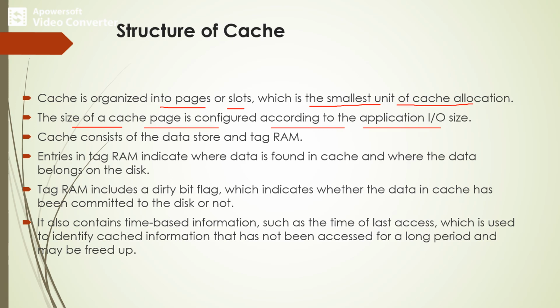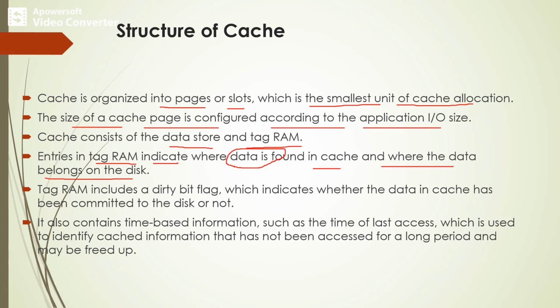Cache consists of two components: the data store as well as the tag RAM. Entries in the tag RAM indicate where data is found within the cache and where the data belongs on the disk.